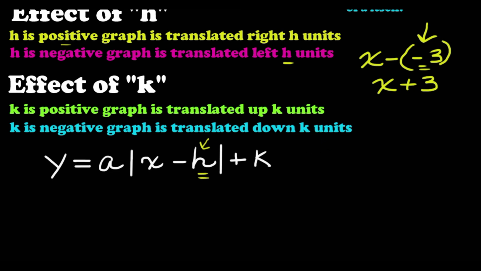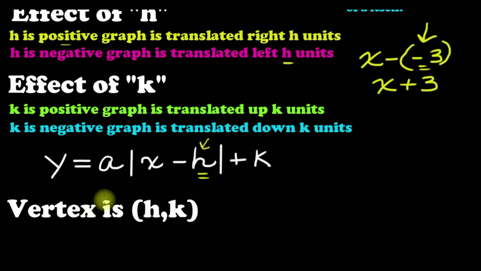Last thing I'm going to talk about is the vertex. To get the vertex of the absolute value function, the x-coordinate of the vertex is what h is. Remember, it's just this number right here. If it's minus 3, your h is 3, so 3 goes here.